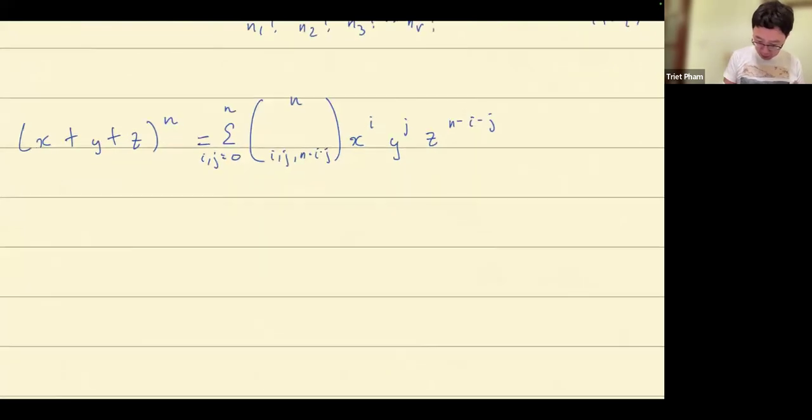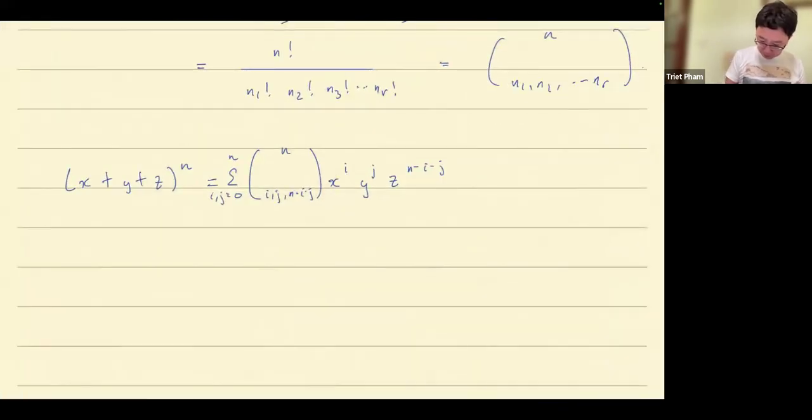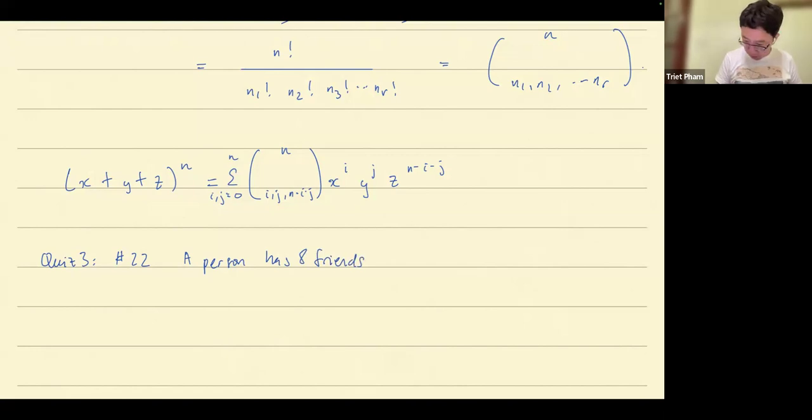So next question is number 22, I think. It says a person has 8 friends, of whom 5 will be invited to a party.